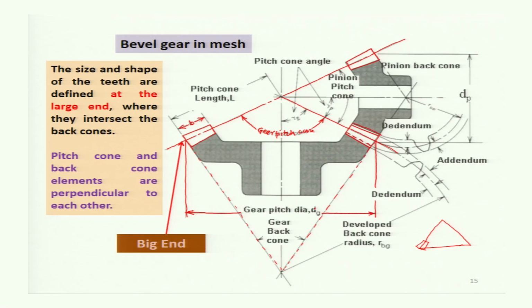Well, this is DG. Similarly, from the big end, the distance between these pitch circles will be your pitch diameter of the pinion, DP. Well, now if a circle is drawn with DP as a diameter and center where the back cone is intersecting.